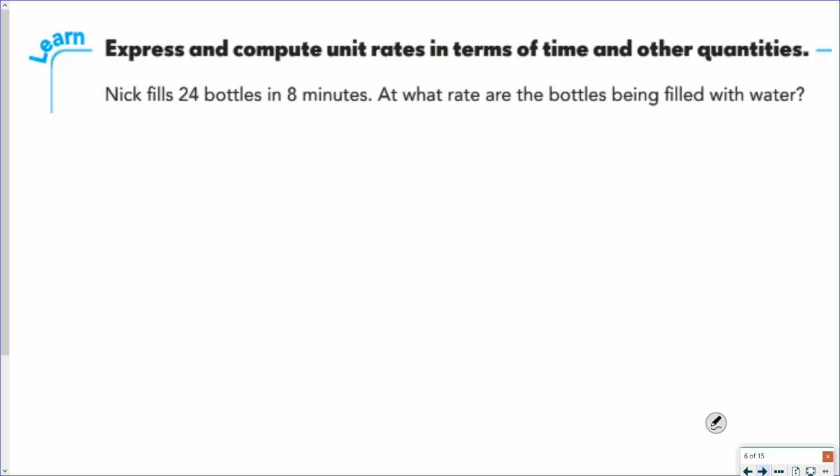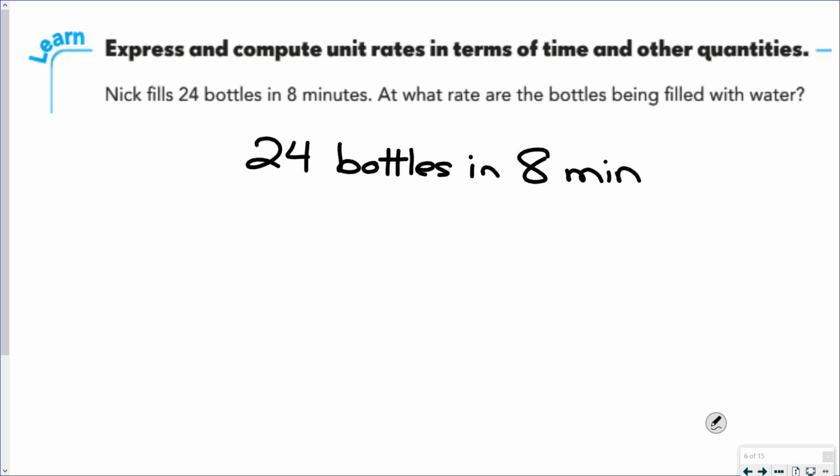So now we're going to move on to expressing a unit rate. So if Nick fills 24 bottles in 8 minutes, we want to know at what rate the bottles are being filled with water. So we look at the 24 bottles in 8 minutes. And so if we're looking for the rate at which the bottles are being filled with water, we want to take one of those items down to 1.